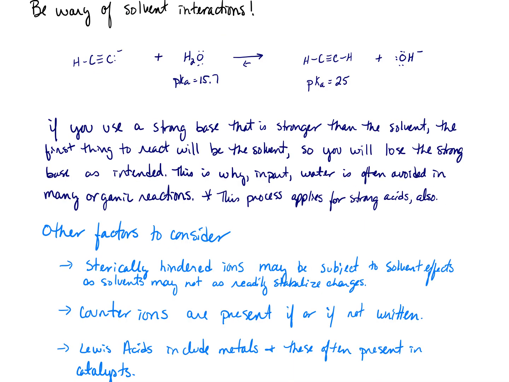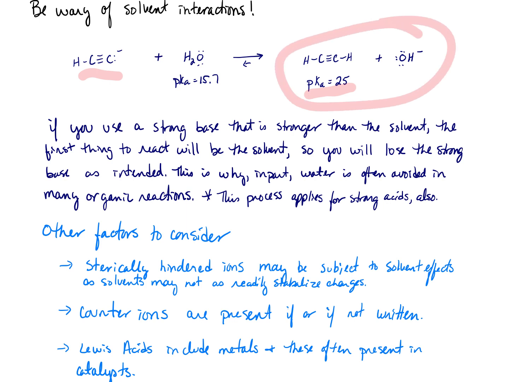Now you do have to be careful with some of this stuff as you go to do your reactions in general. So let's think about this example here. We've got a pretty strong base that is reacting with water. And when it reacts with water, we can see that the pKa of the conjugate acid is pretty high. So if we're going to favor the side that has the weaker acid, which would favor this side, you have to be careful.